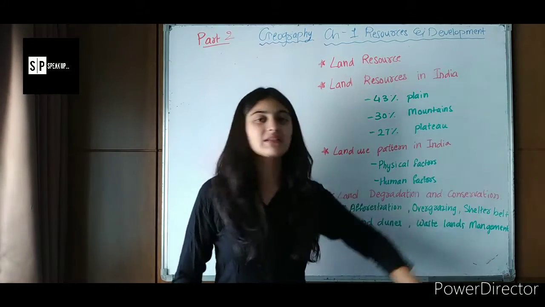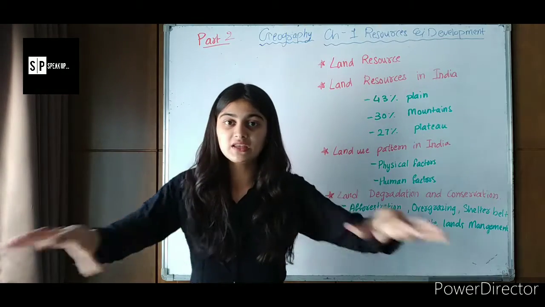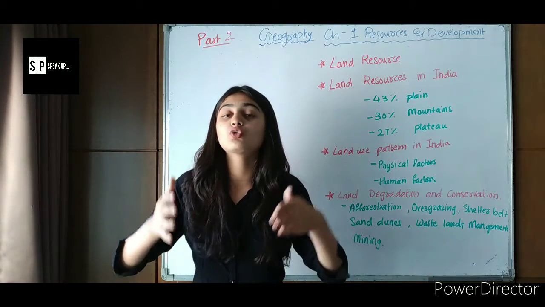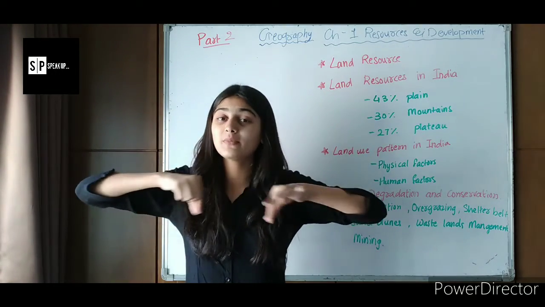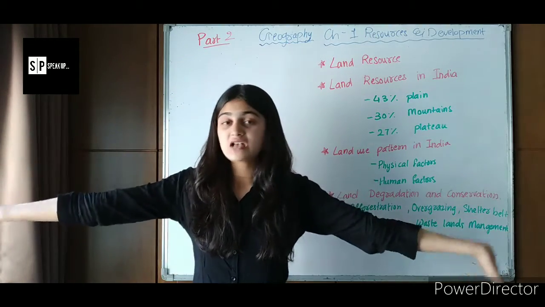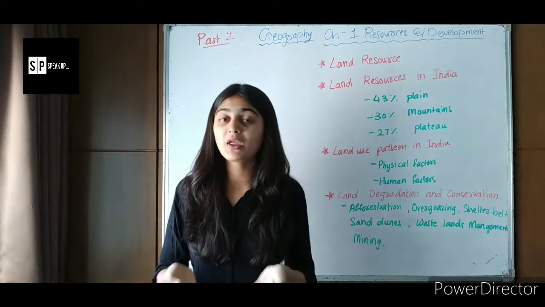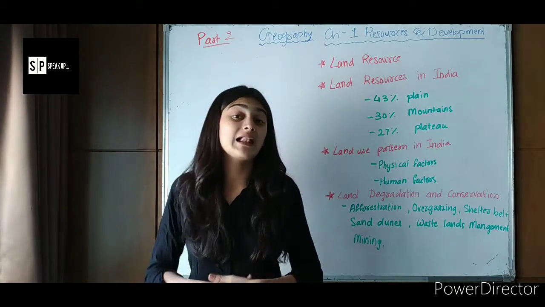Then comes shelter belts. Now the soil is being irrigated. If that soil doesn't have water holding capacity, then we can build a shelter belt so that the water won't flow away to different areas and would be absorbed in that particular land. So building shelter belts helps a lot.